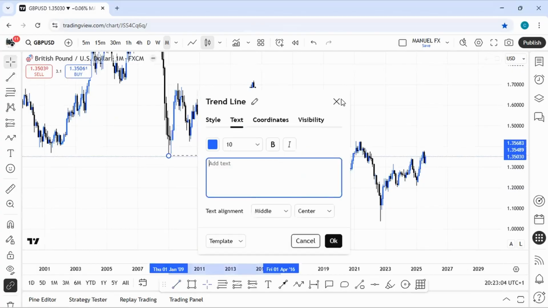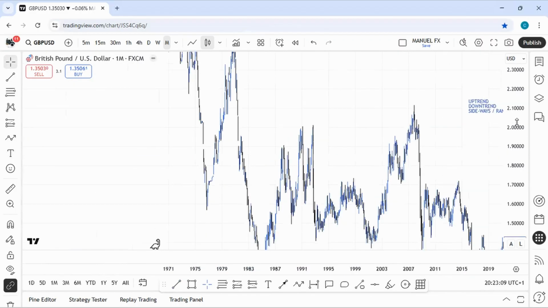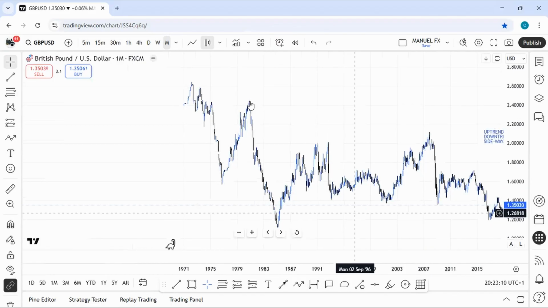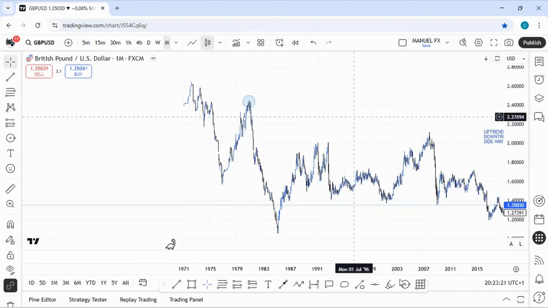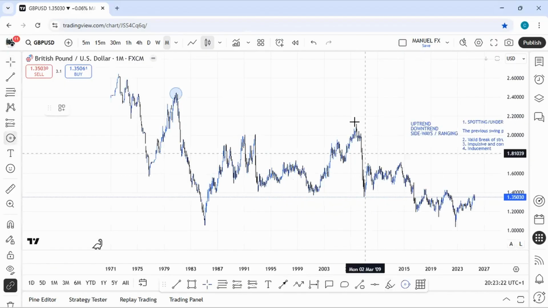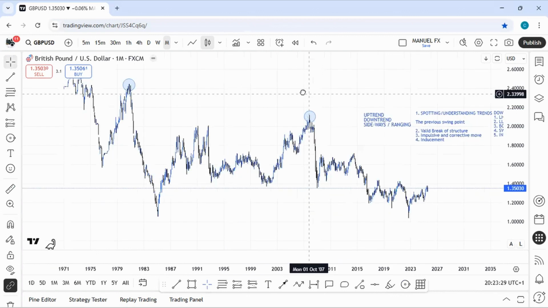But first of all, we're going to call this a lower high, because after this position here, the highest place we can see again is this point.